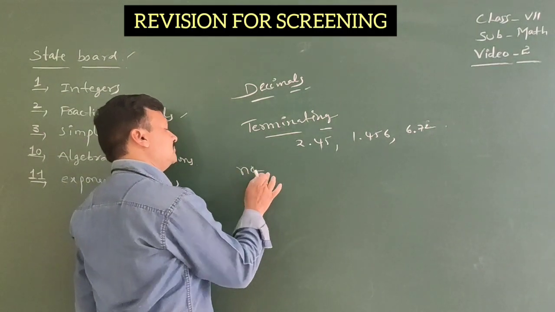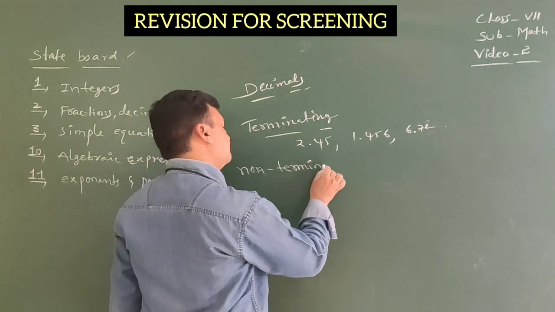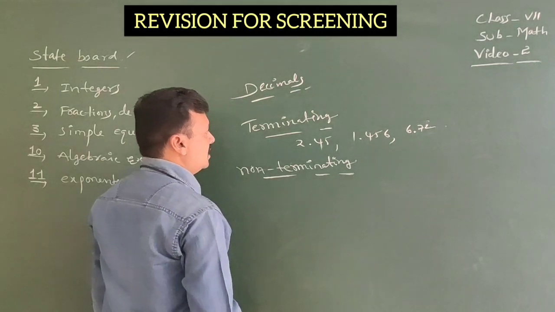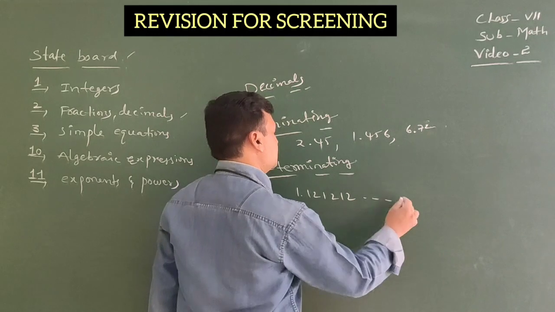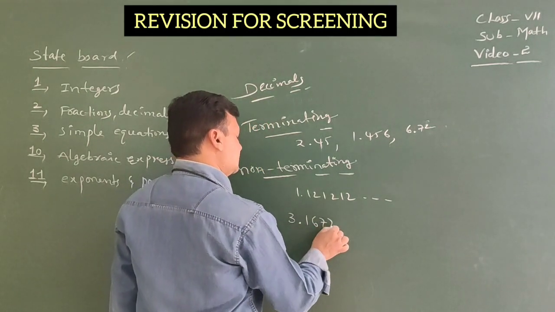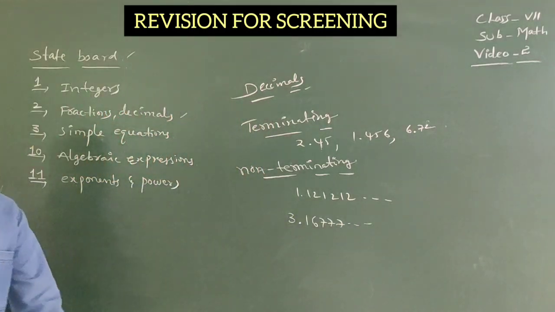Non-terminating decimals. Non-terminating means there is no ending decimal place, like 1, 2, 1, 2, 1, 2. Here 3.1677 and so on, like this they give me, are non-terminating decimals.